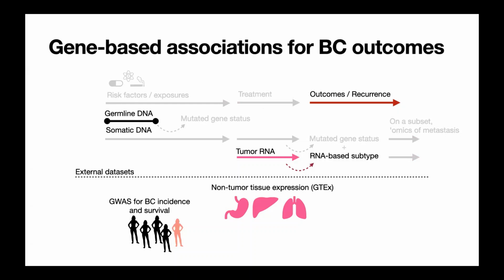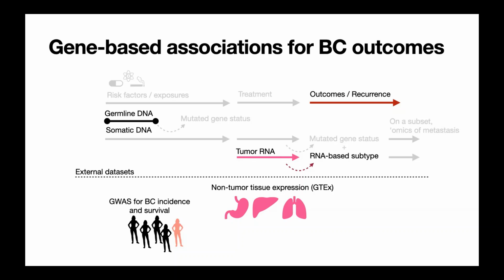So the first thing I want to talk about is trying to associate germline DNA with breast cancer outcomes. The question here is, is there a heritable factor that explains why some women have recurrence and others do not? So we're going to focus on the germline DNA and outcomes, and we may also use the tumor subtype and the measurements of RNA in the tumor.